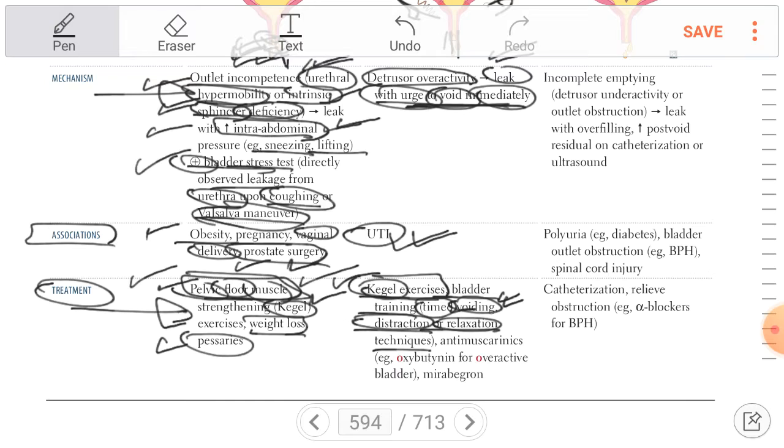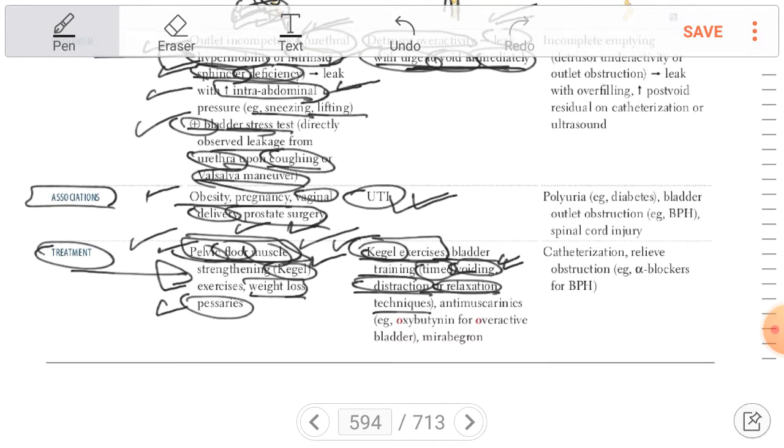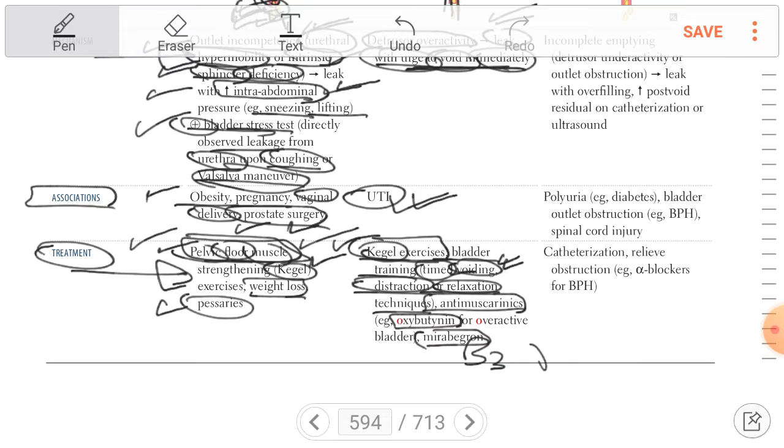Then Kegel exercise to strengthen the pelvic floor muscle. Then the main two drugs we have: antimuscarinic called oxybutynin, or mirabegron, which is a beta 3 agonist. So these two drugs are so important.